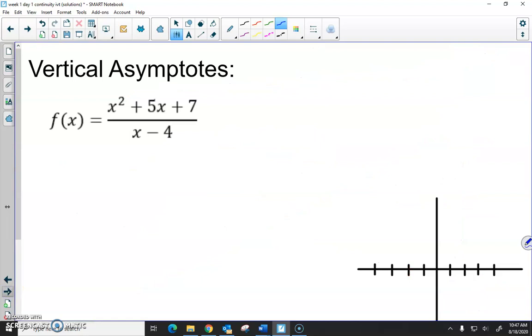All right, so let's look at an example where we have a vertical asymptote. In this function right here, we have x squared plus 5x plus 7. You could try and factor that top part, but it can't be factored. Even if it could, we would want to compare it to what we have in the denominator here.